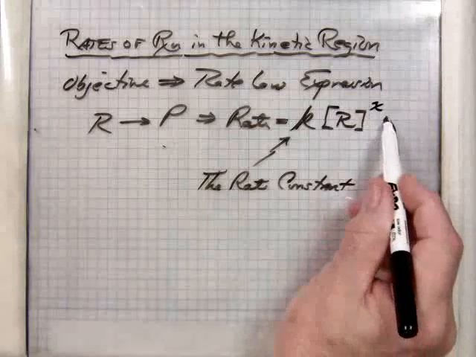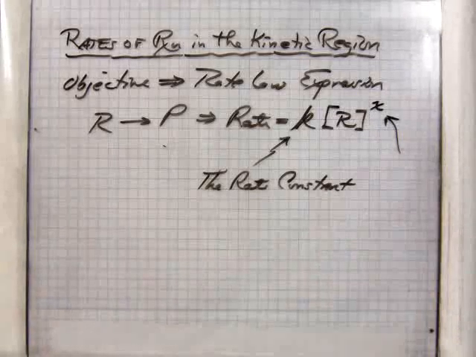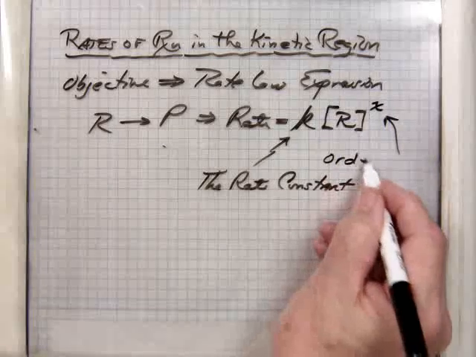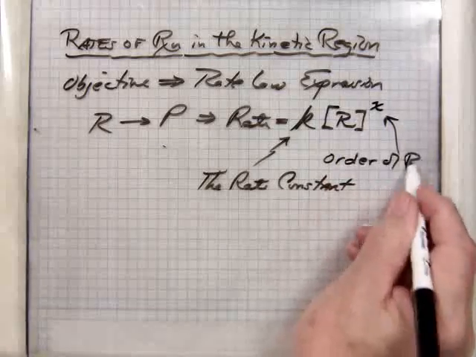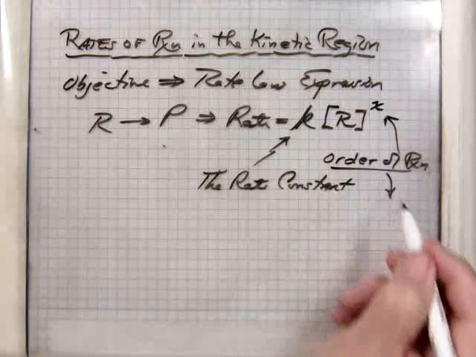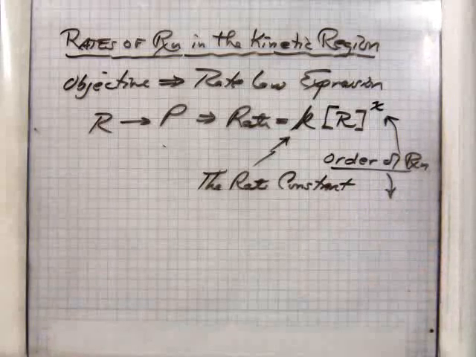X in the expression is referred to as order of reaction. And the order of reaction defines rate trends.